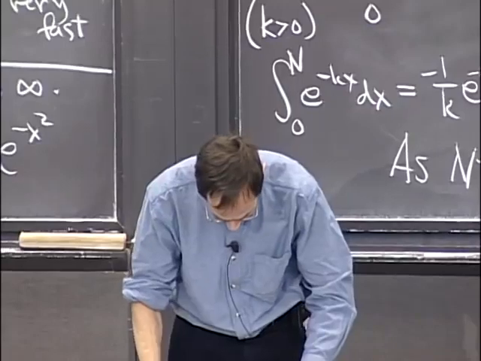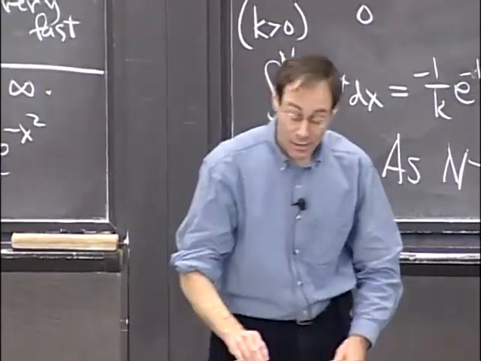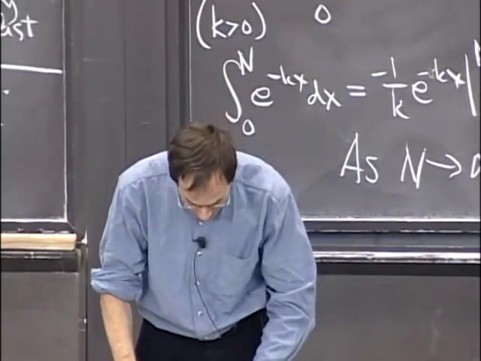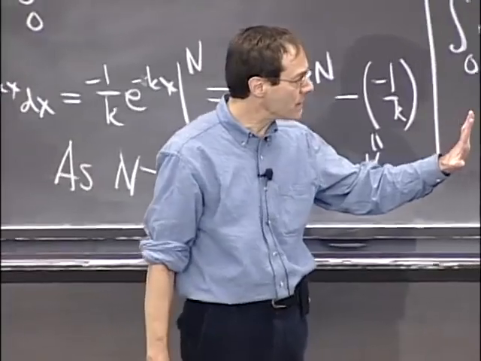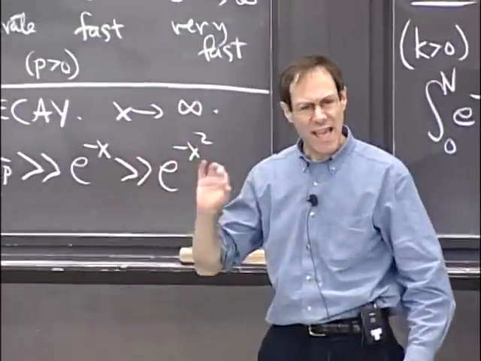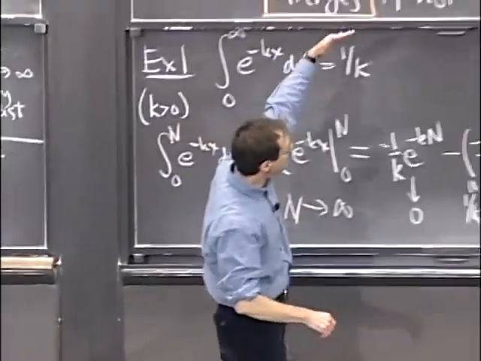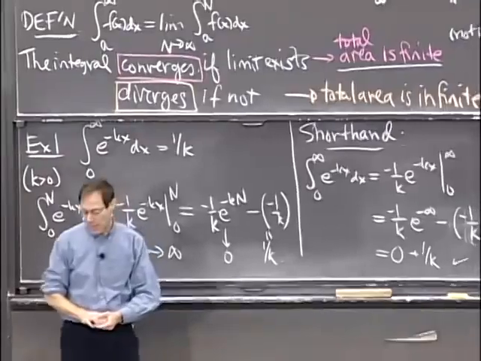Okay, so all right, now I'm going to give you some more examples, and the other examples are much closer to the edge between infinite and finite, this distinction between convergence and divergence.